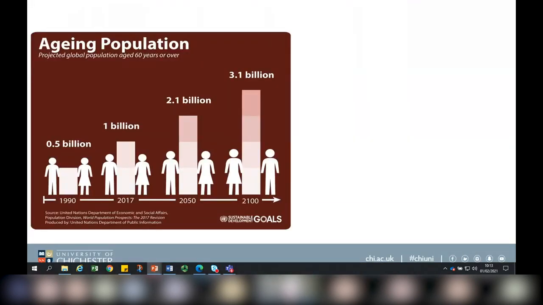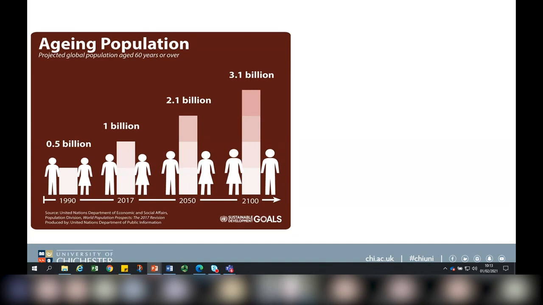So in the UK, one of the things we are concerned about, but also in other countries, is the ageing population. What do I mean by ageing population? A demographic shift from young people holding a higher percentage of the population to older people. Also known as silver surfers.